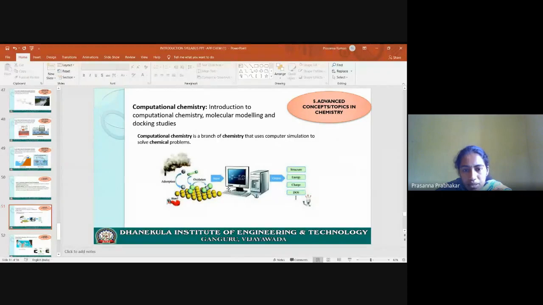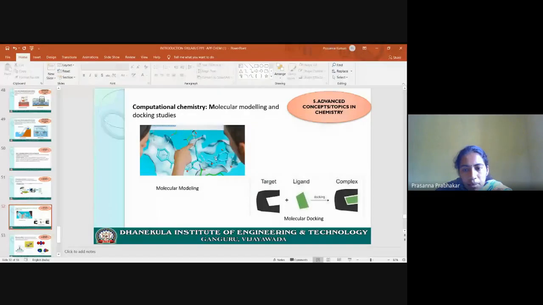Observe this. By using a computer, how to solve a chemical problem, that is computational chemistry. Next, this is molecular modeling, how to shape the molecule. This is molecular docking, how to connect with other ligands or other intermediate compounds. This is the docking.